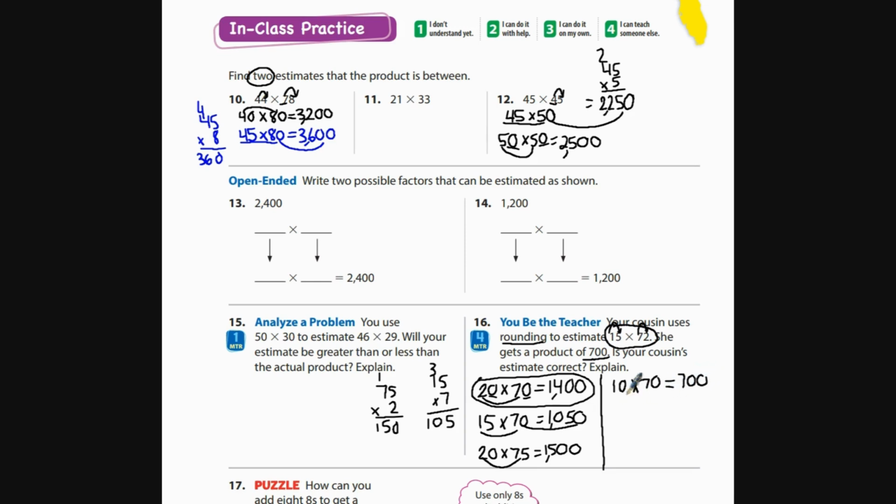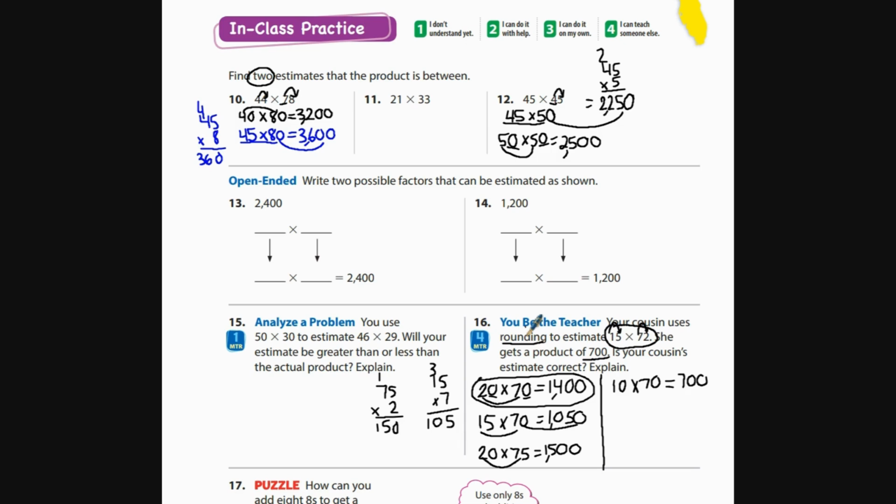However, even though 10 is not really that close to 15, 10 is still a multiple of 5. So technically this is still considered compatible numbers. So if your cousin would have used compatible numbers, then she would have been correct. But she didn't. It says she used rounding. Rounding is rounding.